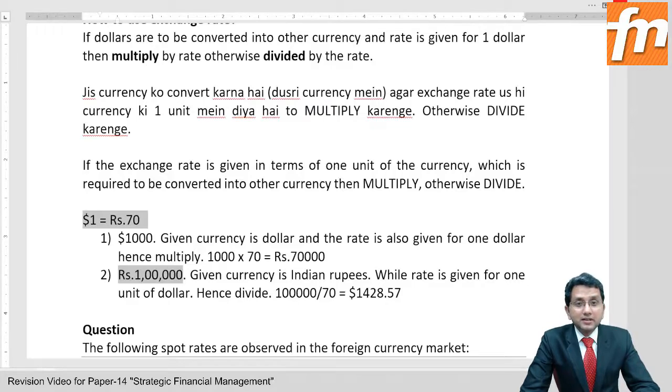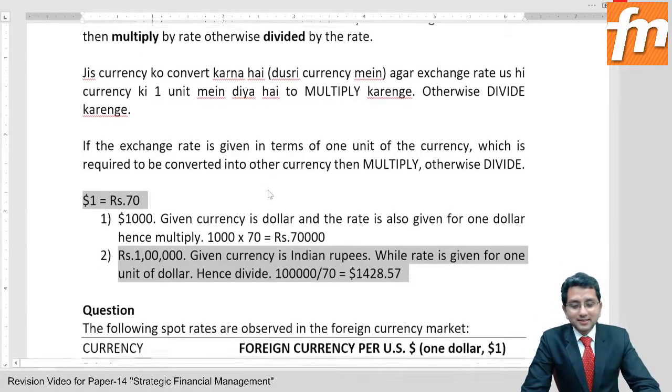If it is given in terms of 1 unit of the other currency, that is dollar, divide by this rate. So 1 lakh rupees divided by 70 will give you $1,428.57.